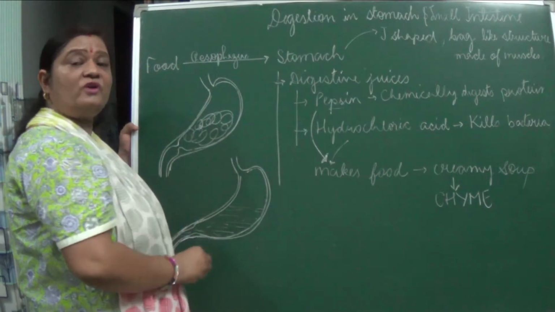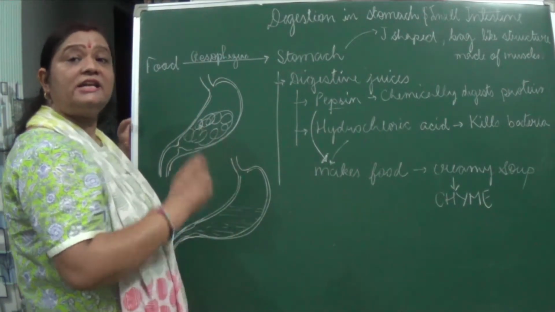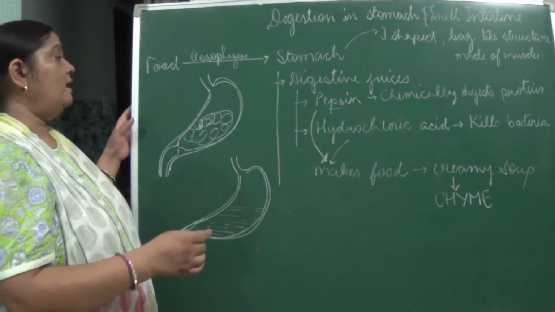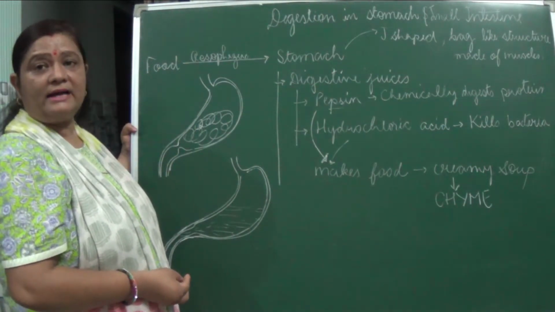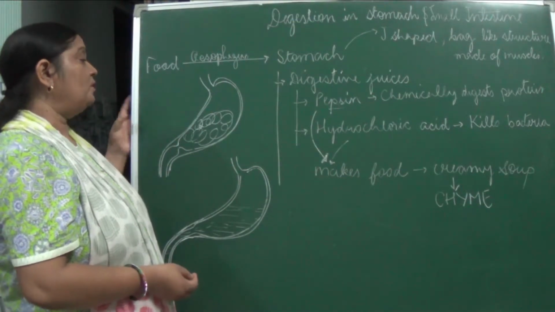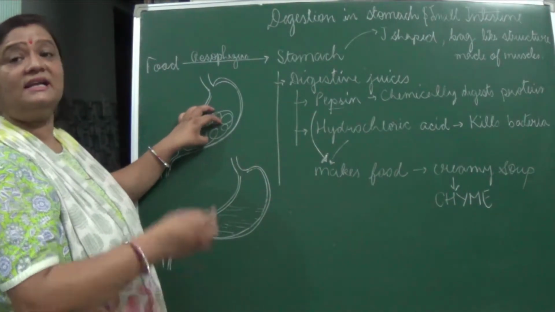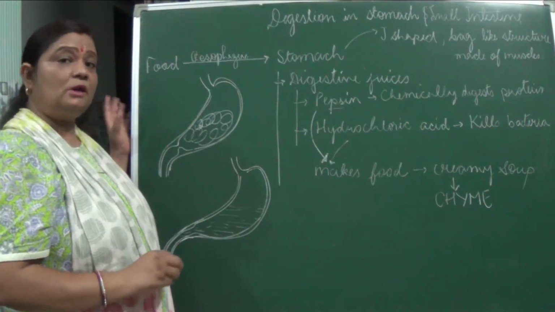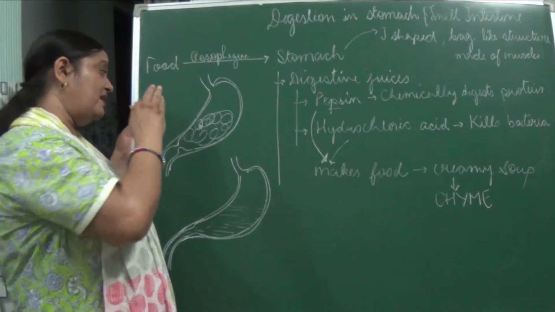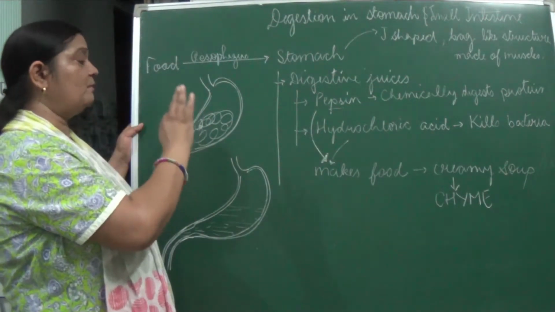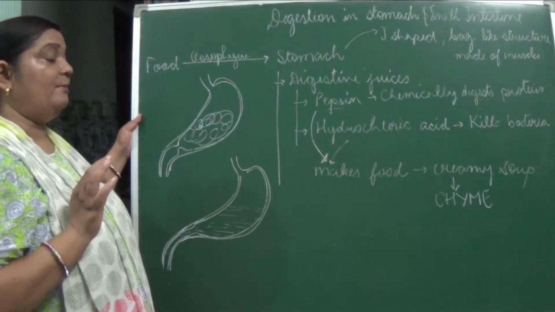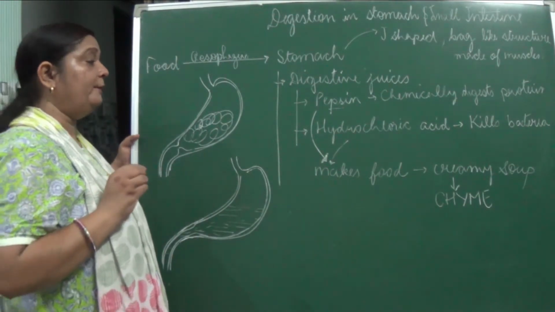One more function of hydrochloric acid is that it kills bacteria, because the food we take might consist of some microorganisms like bacteria. So HCl kills all those microorganisms and bacteria, and as a result the partially digested food in the stomach is now free from microorganisms like bacteria.